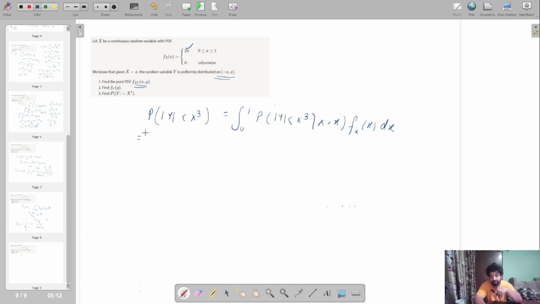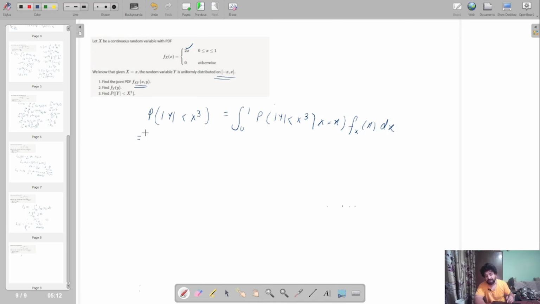Since y is uniformly distributed over minus x to x, which is given in the problem, the probability of y that is less than x cube is the ratio of interval minus x cube to x cube and minus x to x.